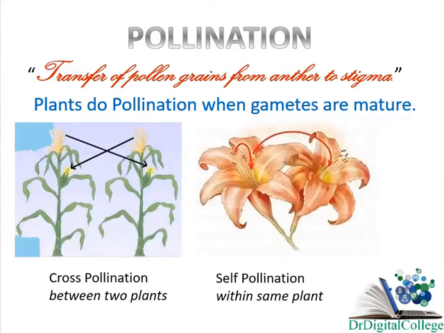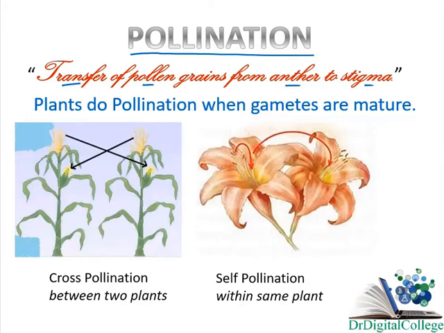Okay, now we have to study pollination. First of all, you should know what is meant by the term pollination. Pollination is basically the transfer of pollen grains from anther to stigma.